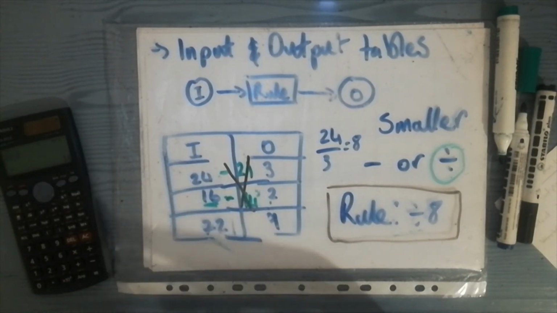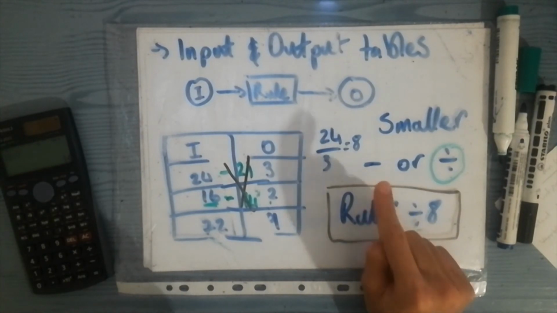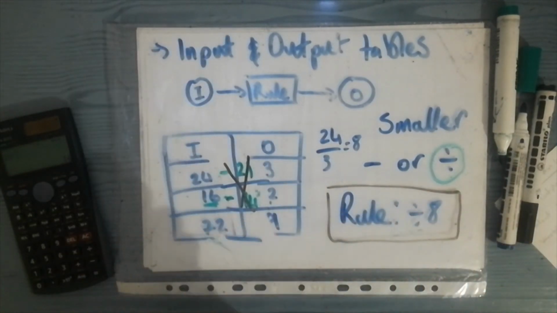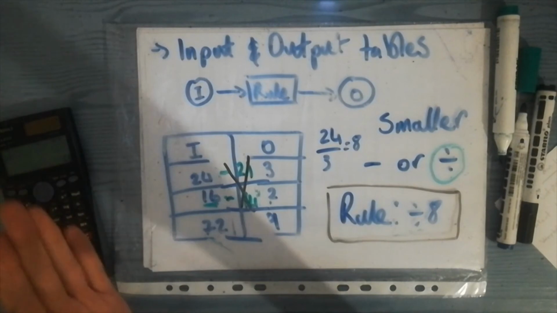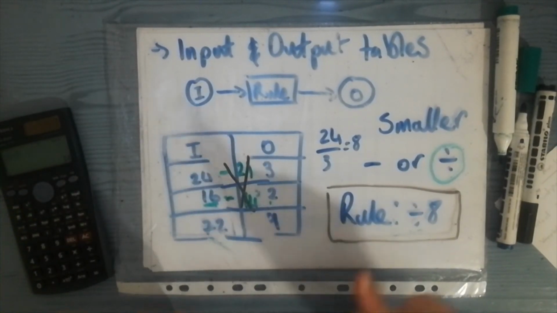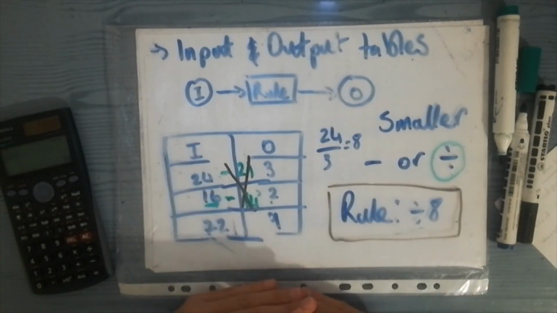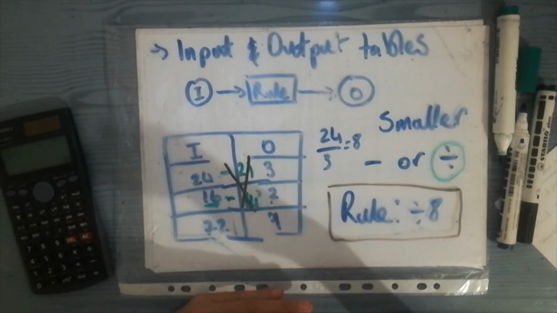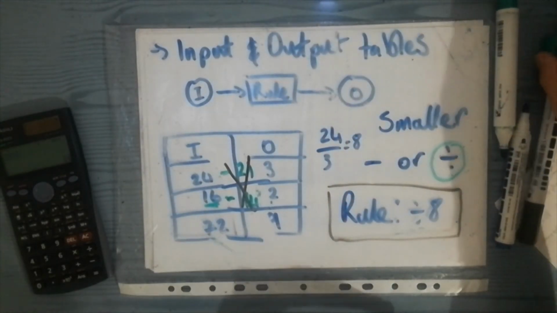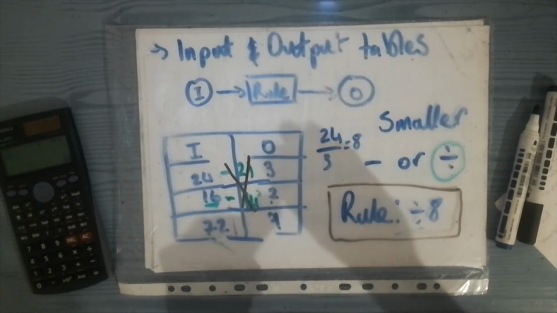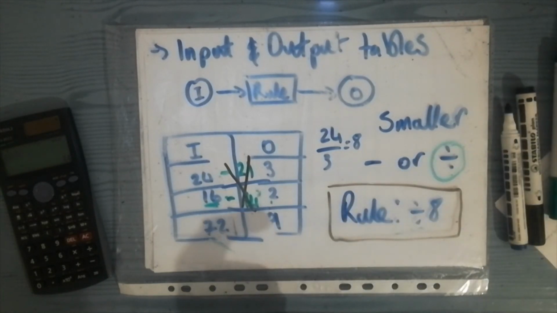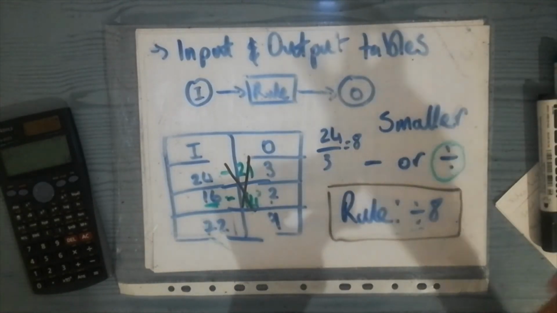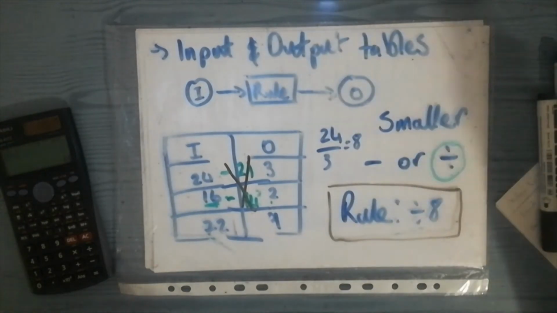If the numbers are going down gradually, most likely it's a minus. If the numbers are going down with a jump, most likely it's a division. And the same thing, if the numbers are going up gradually, most likely it is a plus. And if the numbers are going up with a jump, most likely it is a multiplication, guys.